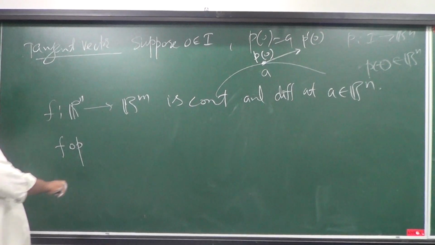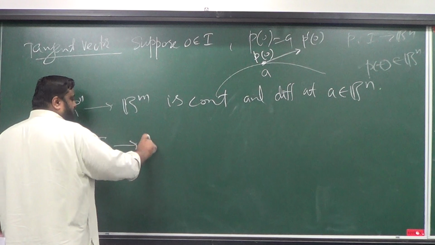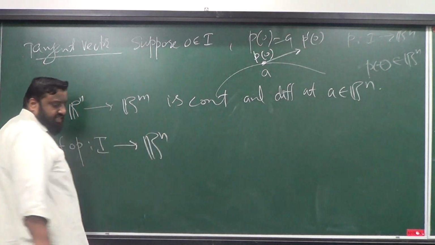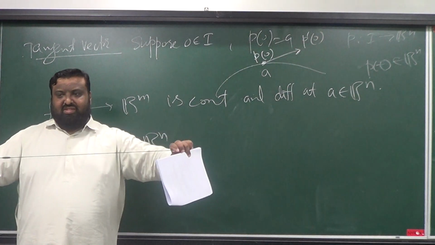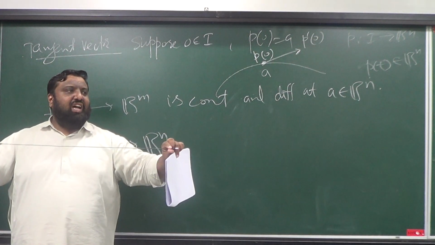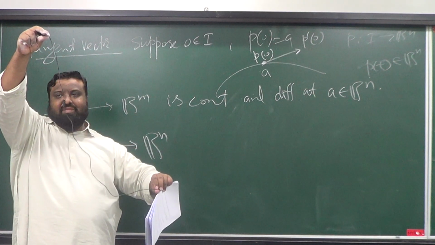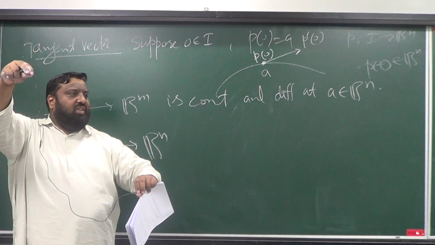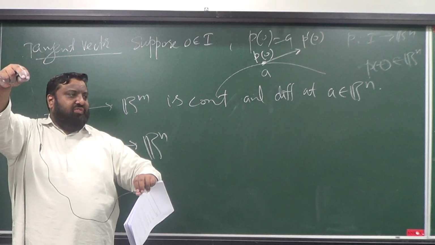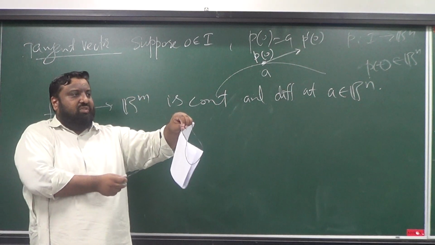The f composition p is going to be a map from I into Rm. So that's I, and that's p of t, the path. And then on this path, what am I doing? I'm applying a continuous transformation, so it turns into a new path.